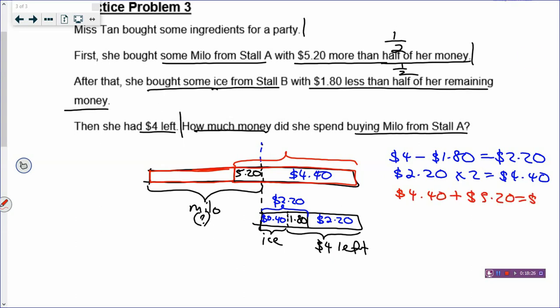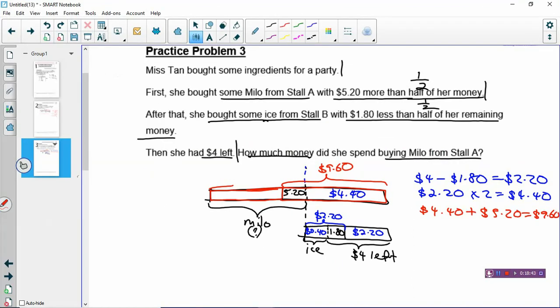$4.40 plus $5.20, you will get $9.60. So you put down over here $9.60. Isn't that the same as over here? Let me put in the empty box. This is $9.60, and this is also $9.60.